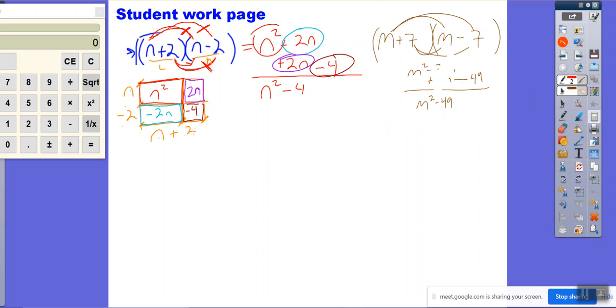All right, so let's say we have Emerson squared minus 25. What is Emerson squared minus 25 going to be in factored form?